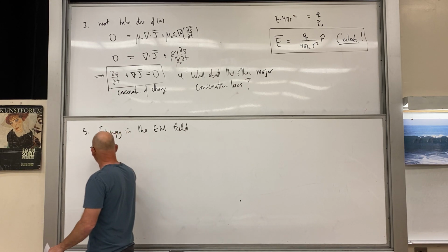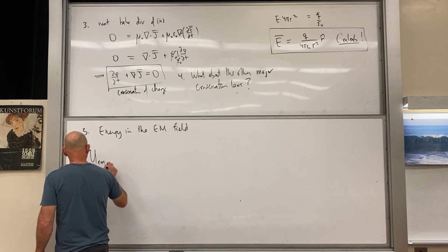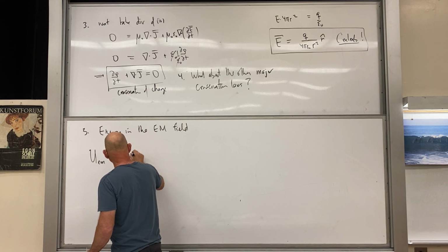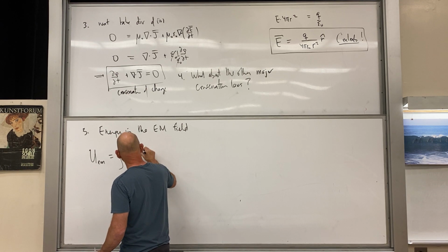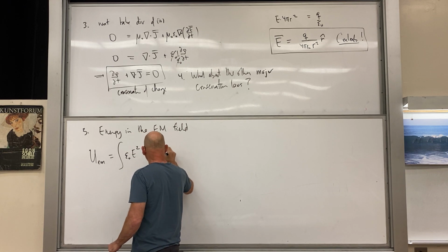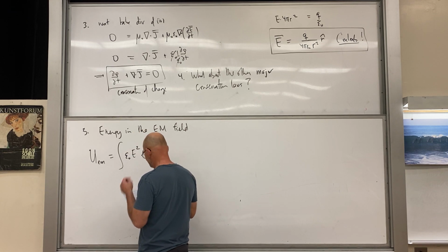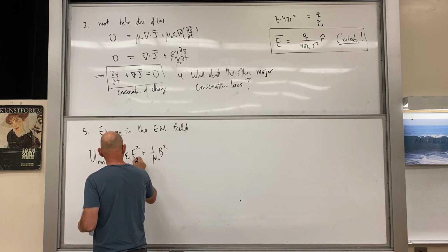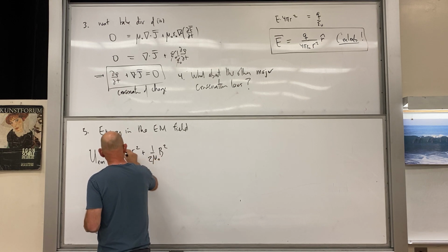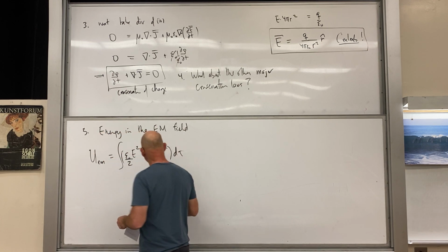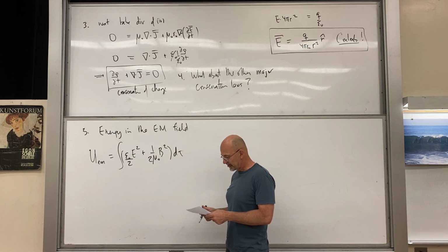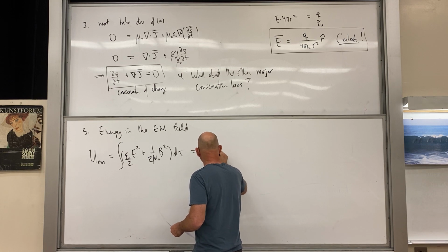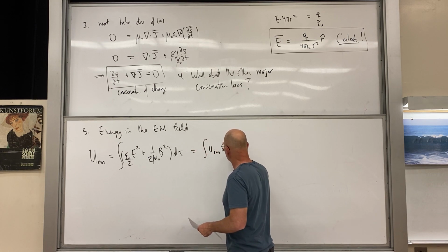So I'll write that down as the electromagnetic energy: a half of epsilon naught E squared plus 1 over mu naught B squared, both of these d tau, so that's energy per volume times volume, and that's going to be our electromagnetic energy density.